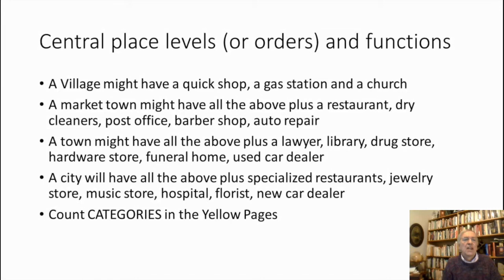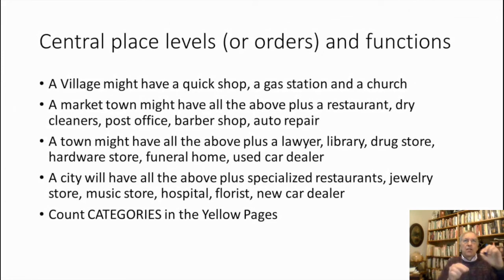And as I say, the one way of thinking about this is that you're counting categories in the yellow pages. And as you work your way up, if you want to buy a fur coat, right? You're probably going to end up going to Columbus. And so on, all the way up the urban hierarchy.